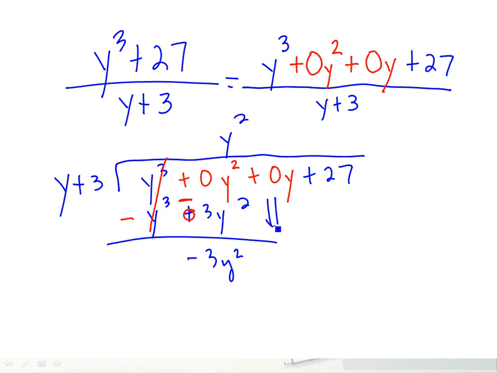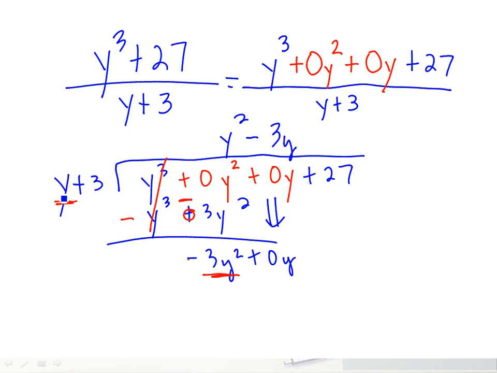We bring down the next term, plus 0y. Then we start over. y times what is negative 3y squared? Alright, definitely a negative sign needs to go here. 3y.